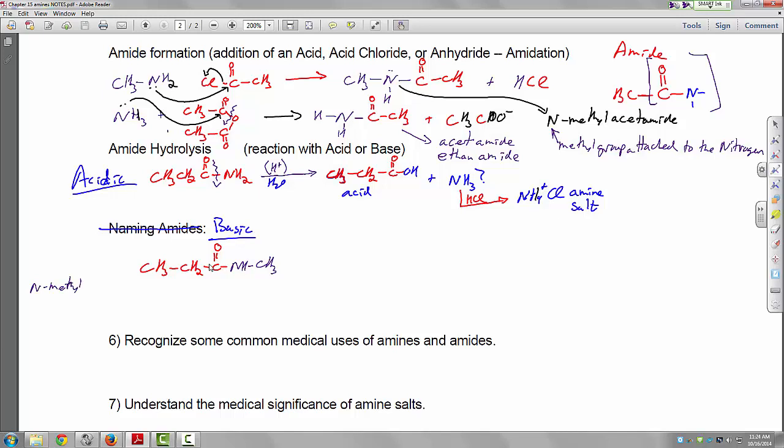N stands for nitrogen here. N-methyl, 3 carbons is propane, so propan, and then just drop the E and add amide. Propanamide. Okay, we're going to hydrolyze this guy. We're just going to break this bond between the carbon and the nitrogen, releasing the acid and the amine.